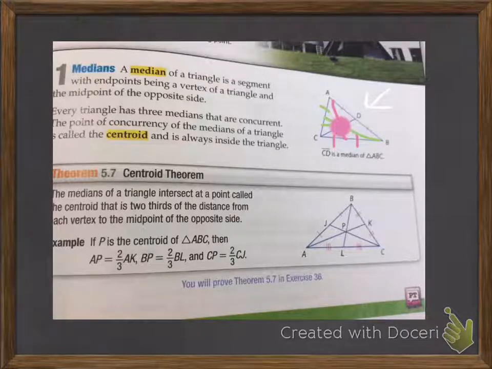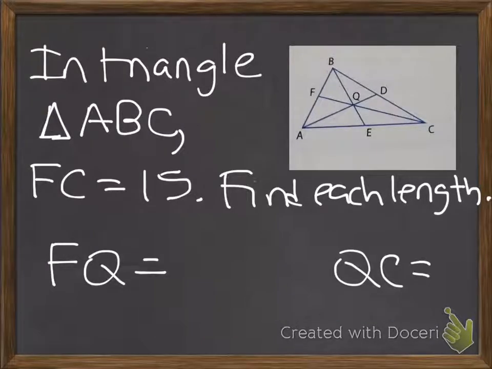And then P would split the lines coming from the vertices to the opposite sides into thirds. So you'd have one part of the line be 2/3 and one part be 1/3 of the total. So with that information, we're going to find different parts of these lines, these medians.